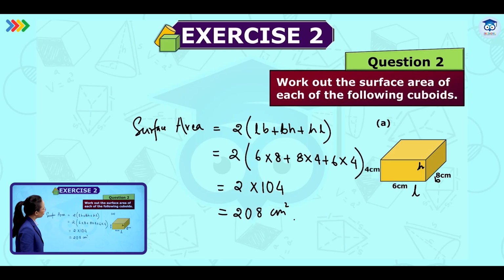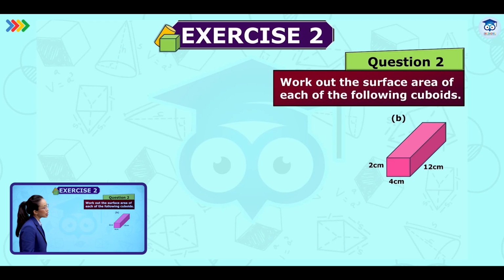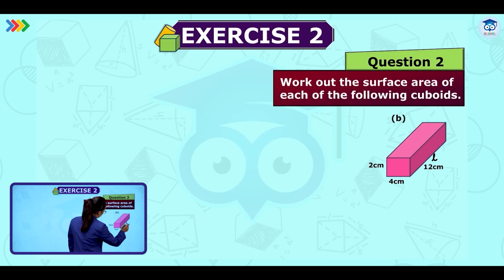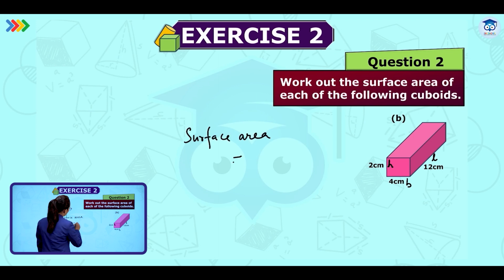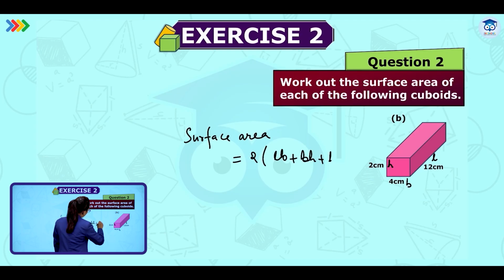Similarly, we can go for the next one also. This is also a cuboid. So here the length is here. The longer side we are considering as length, right? So breadth and height. So it depends how you place your cuboid also, length, breadth and height, okay? So here surface area again will be what? 2 times of length, breadth, breadth, height and height, length.